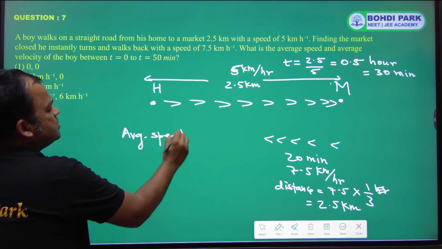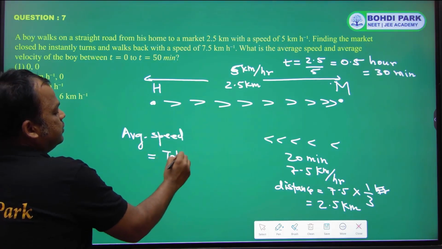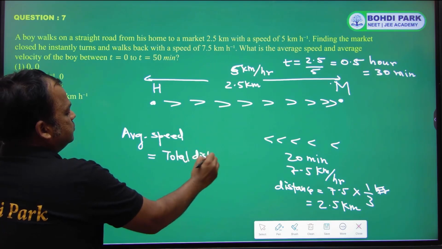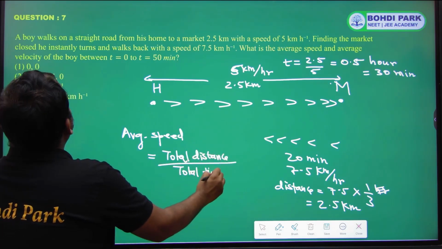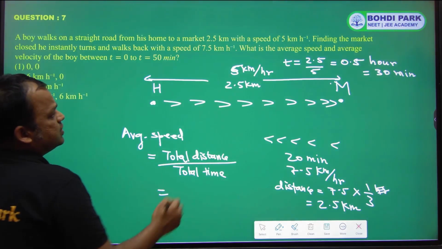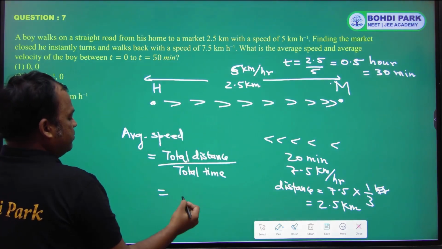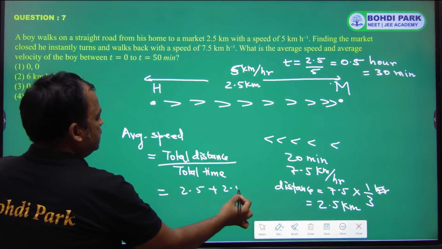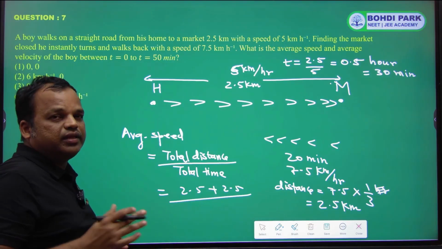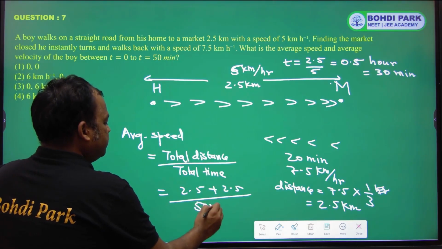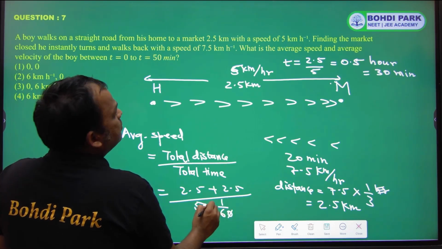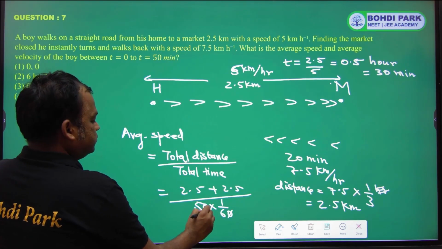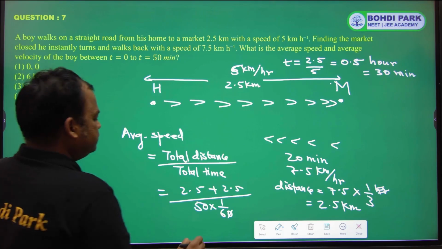And average speed we can find using total distance by total time. So that is equal to total distance, 2.5 plus 2.5, and total time is 50 minutes. So 50 minute means 5 by 6 hour.